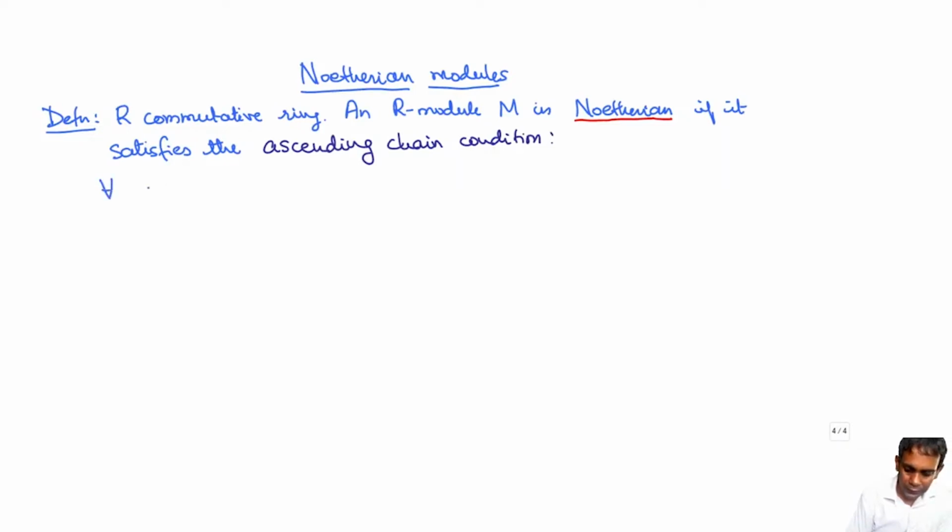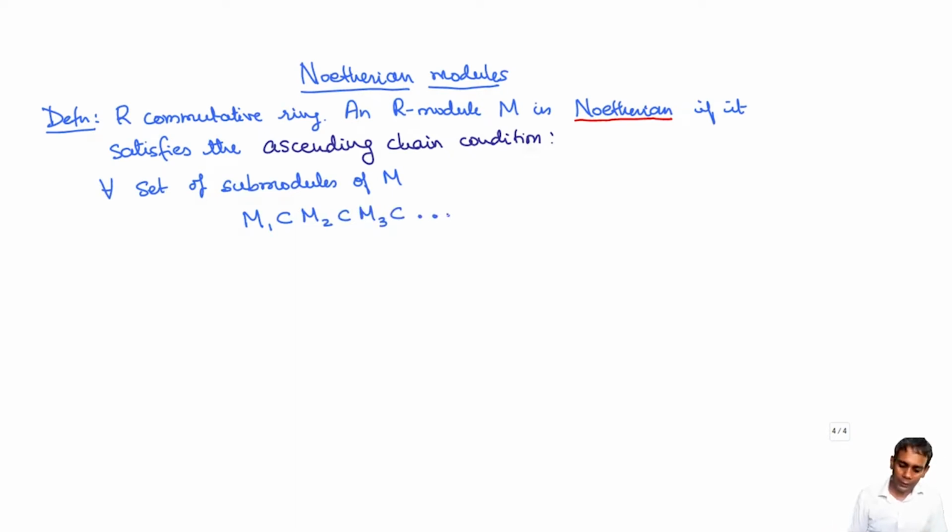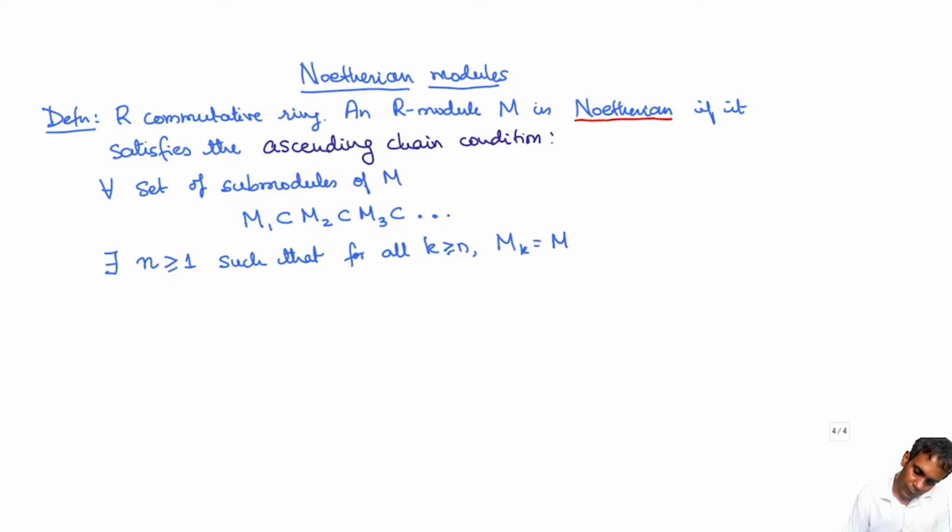For every increasing sequence of submodules of M, say it starts with M1, which is contained in a submodule M2, which is contained in a submodule M3, and this goes on indefinitely, there exists a number n greater than or equal to 1 such that for all k greater than or equal to n, Mk is equal to Mn.